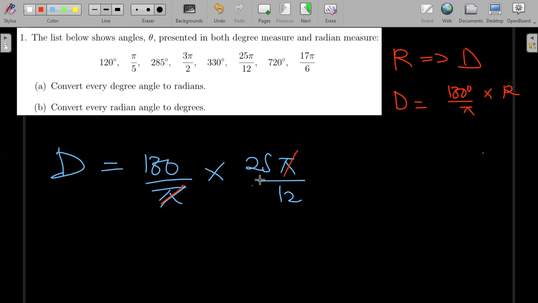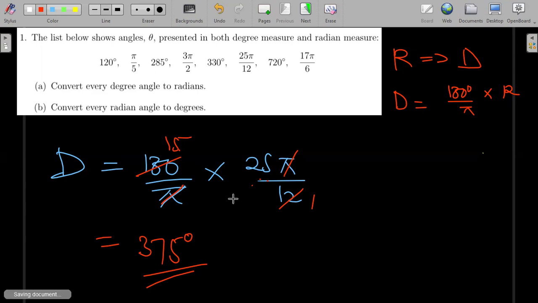Now let's try to divide 180 by 12. 12 into 180 gives me 15. So what I have is 15 times 25, which gives me 375 degrees. That's basically how you can easily convert from radians to degrees and from degrees to radians.